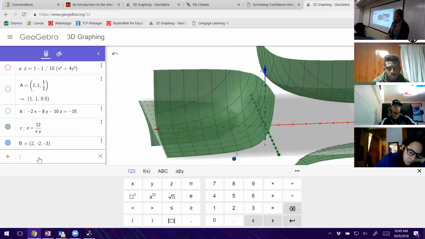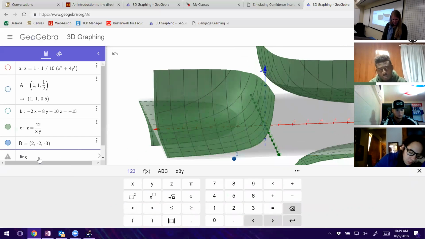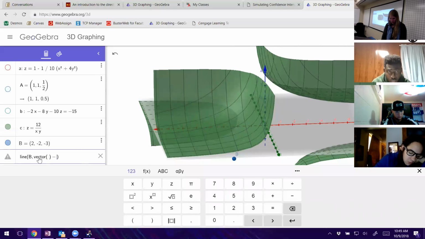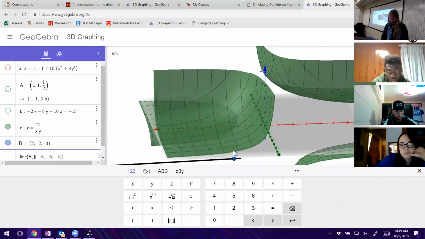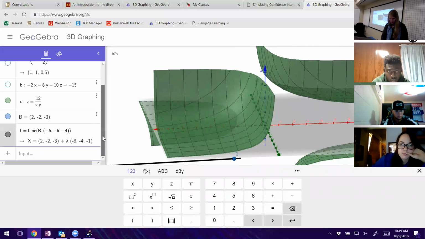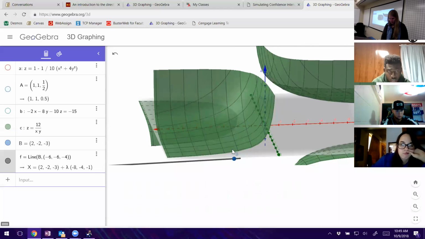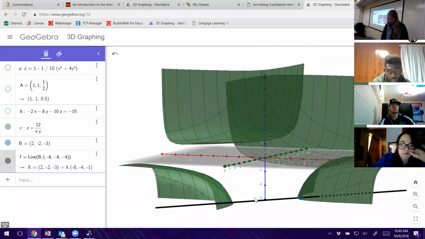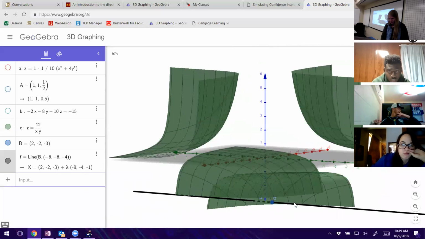And do I remember how to do a line? All right, what was our point for our line? 2, negative 2, 3, same point, right? And our direction vector was negative 6, negative 6, negative 4. Kind of hard to see.